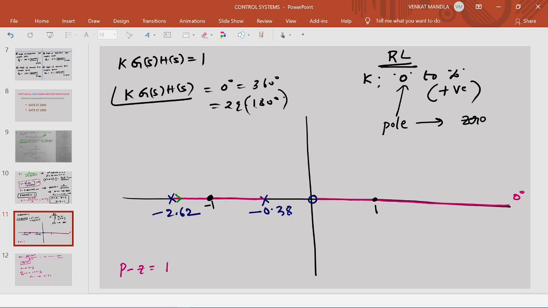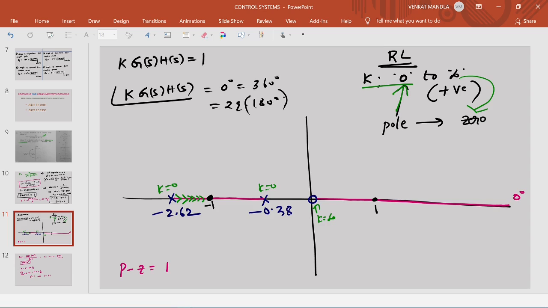The root locus starts from 0 to infinity. That is, at k equal to 0 we have open loop poles, and at k equal to infinity we have open loop zeros. So here k equal to 0 at these poles, and at this zero k equal to infinity.